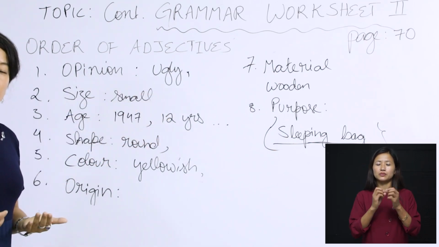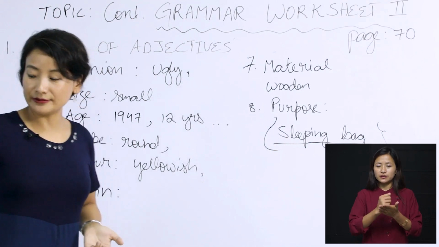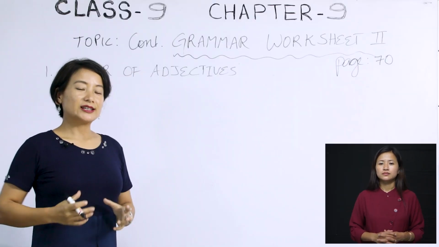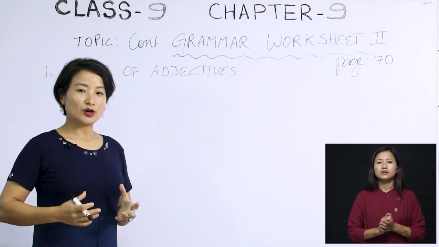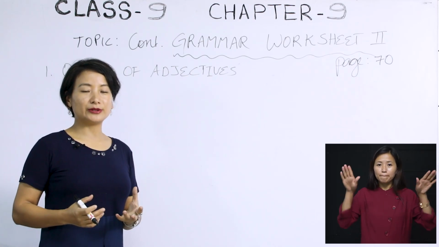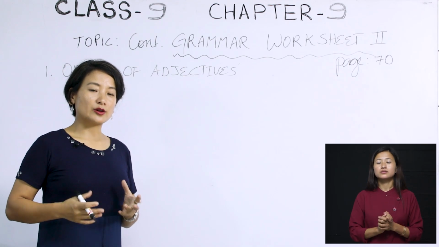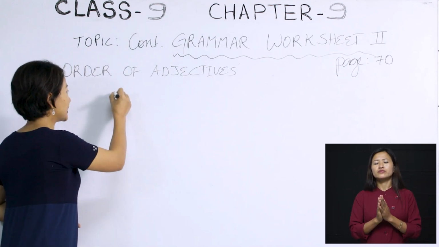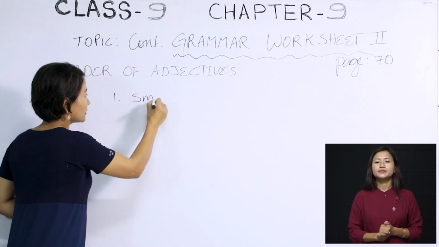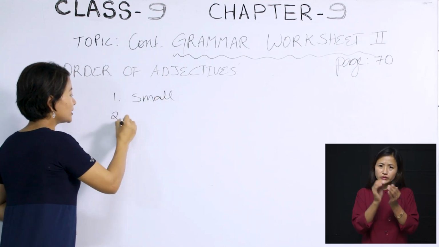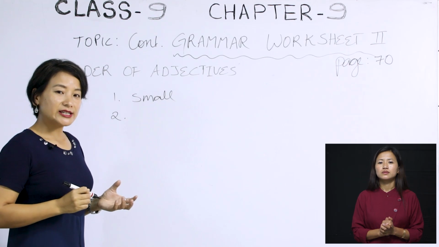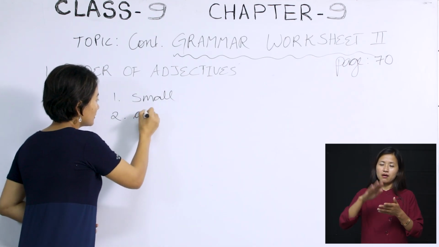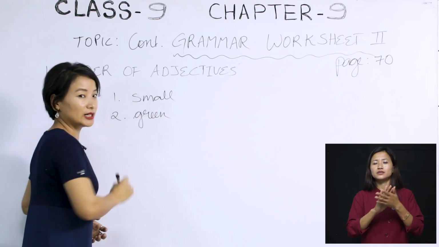Now we are going to try another exercise here. Supposing, let's just take the example of a bird here. Maybe you have spotted a bird outside your house or out of your window. You spotted a small bird, let's say. So small, and you notice that the feather is green in color.